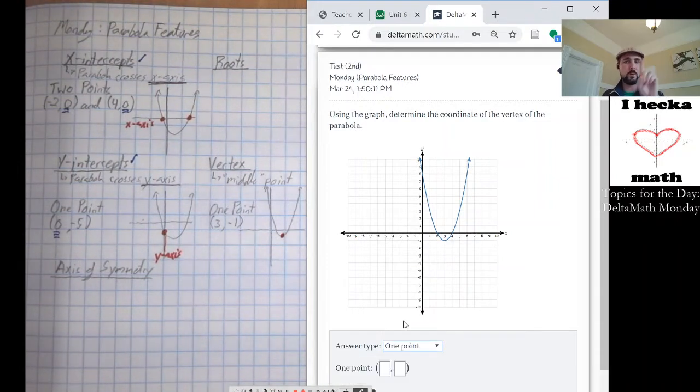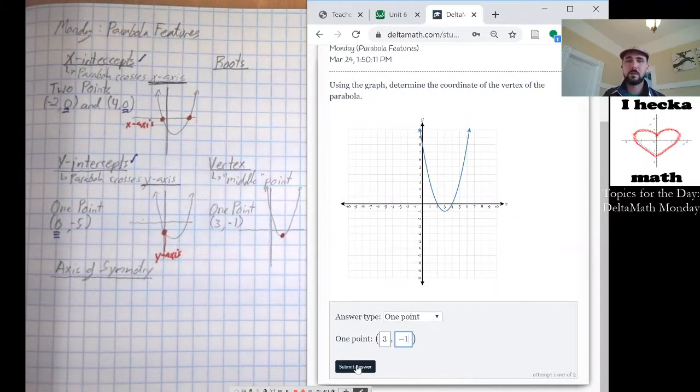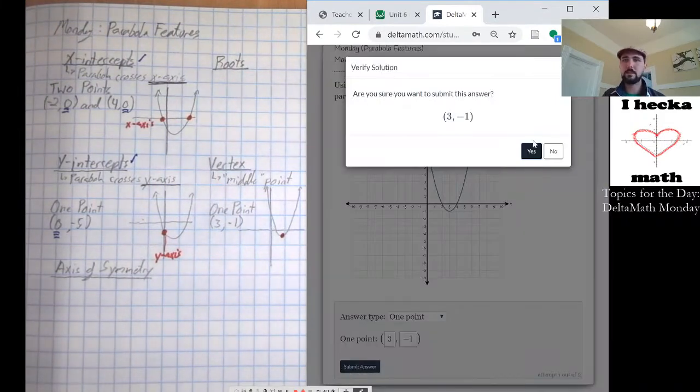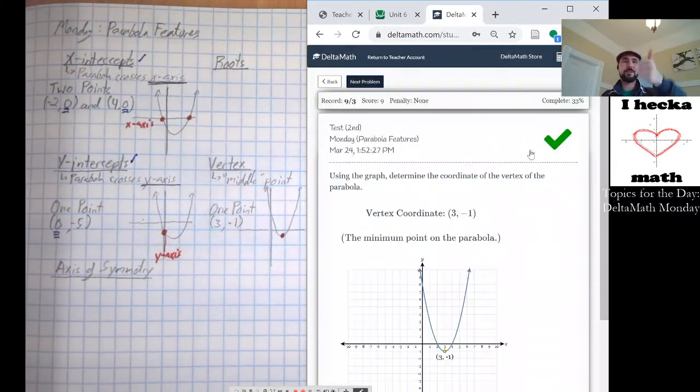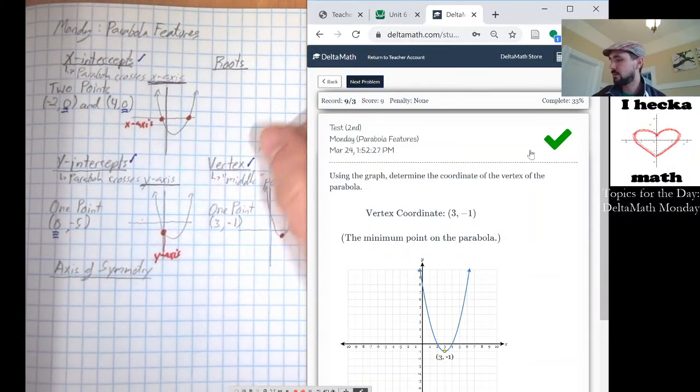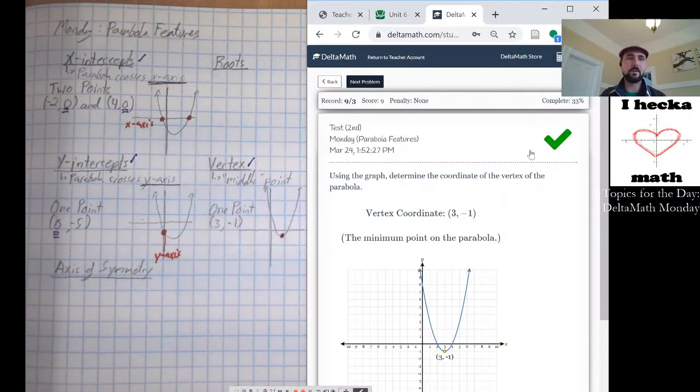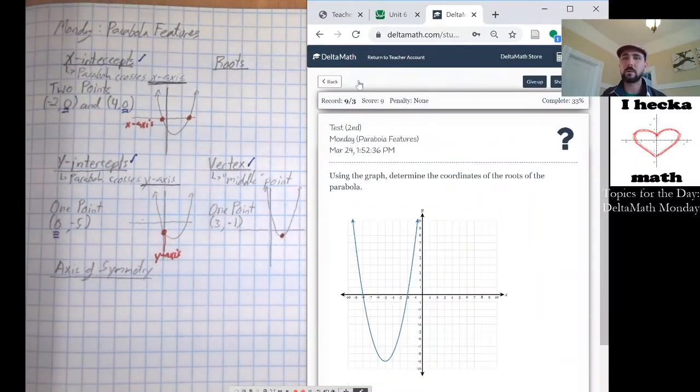Answer type 1 point. Oops, 3, negative 1. Remember, it's always x comma y. Submit. Yes. Green check mark. Feels good. There we go. All right, vertex down. 2 more to go. Next problem.